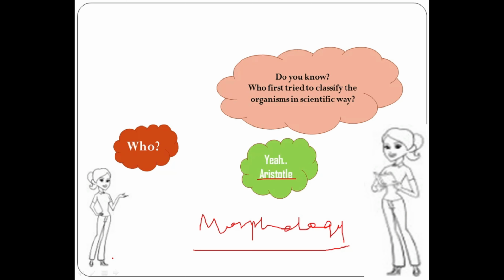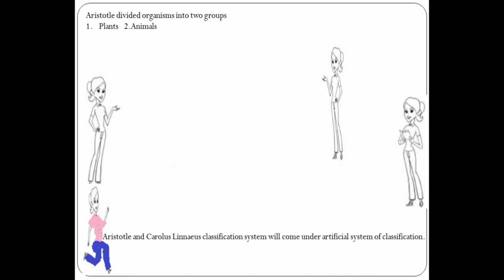He looked at the shape of the organism, the length of the organism, the blood color of the organism, etc. And he made two groups of organisms. The one is plants and the other is animals. These are the two groups given by Aristotle.